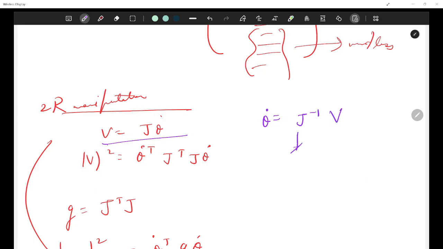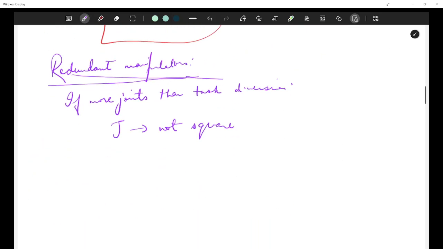For inverting this Jacobian matrix, it should be a square matrix, right? If it is a non-square matrix, what do we do? In case of redundant manipulators, when the Jacobian matrix is not a square matrix, we take the pseudo inverse. And how is the pseudo inverse taken? It is J transpose times inverse of J J transpose.